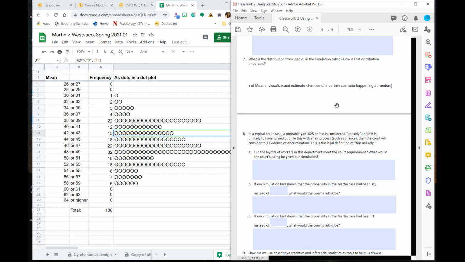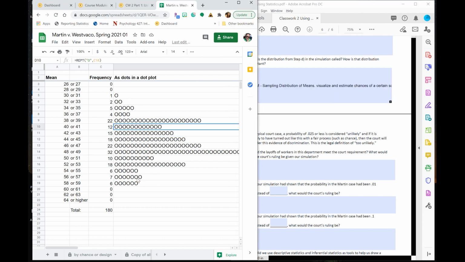That's how we used it in this case. So once we have all these means, we can see, oh, these are the ones like our case, and these are the ones not. Okay, then, how can we use that as information or evidence to make a decision?